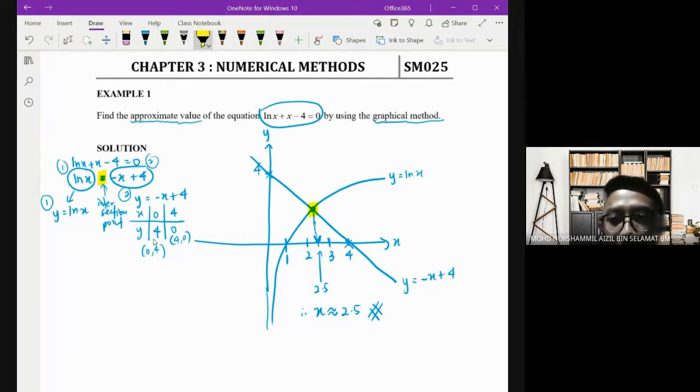That's why we look at the x axis, the corresponding value. We take the middle between 2 and 3, 2.5. So 2.5 is the answer. Approximately. See this symbol, approximately equals to. It means approximately, an estimate.